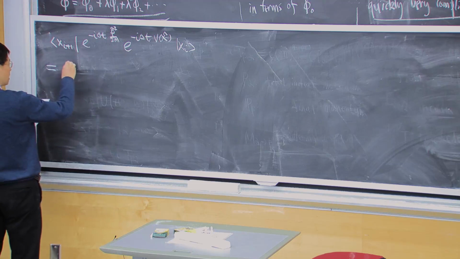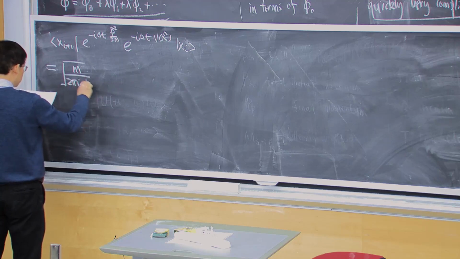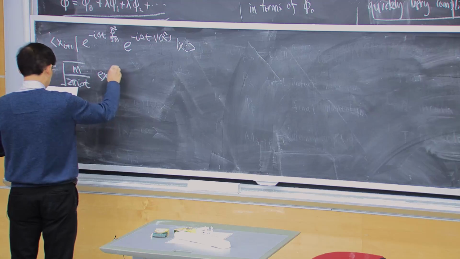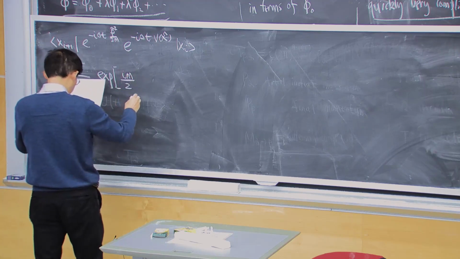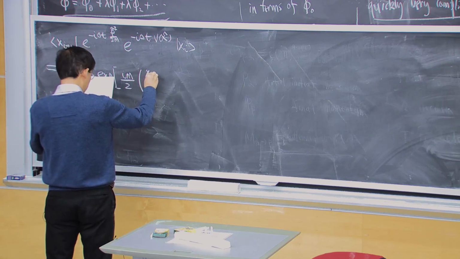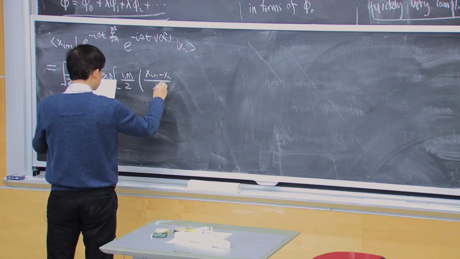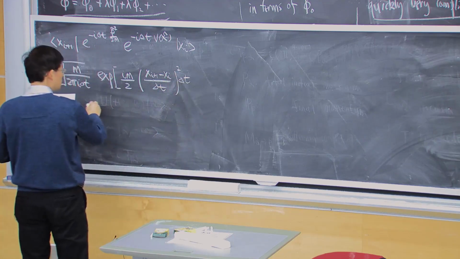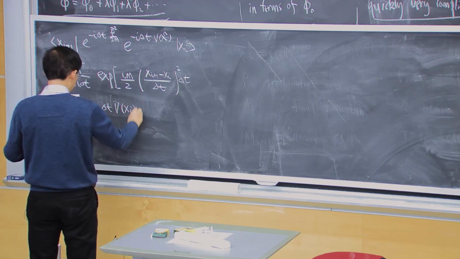So this becomes the following object, m divided by 2 pi i delta t, times the exponential. So you can evaluate this thing explicitly: 1/2 i m, (x_{i+1} minus x_i) over delta t, squared, times delta t, minus i delta t V dx.